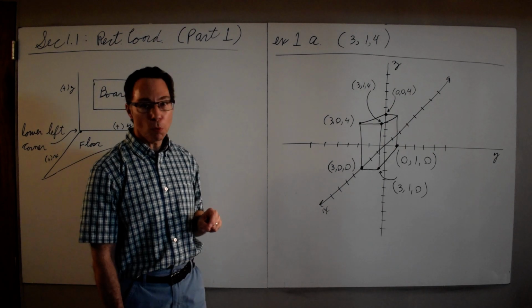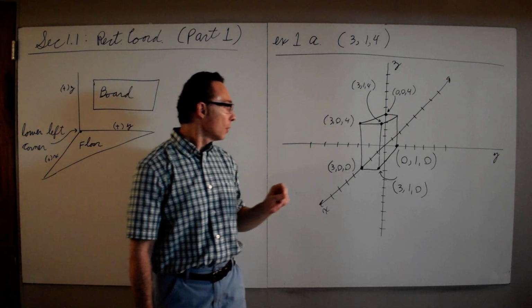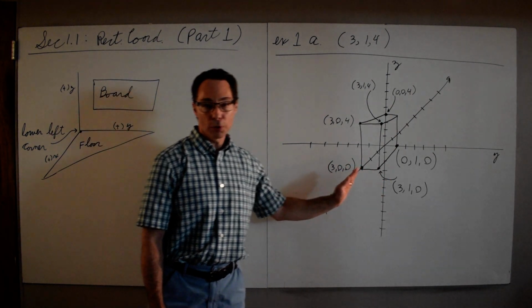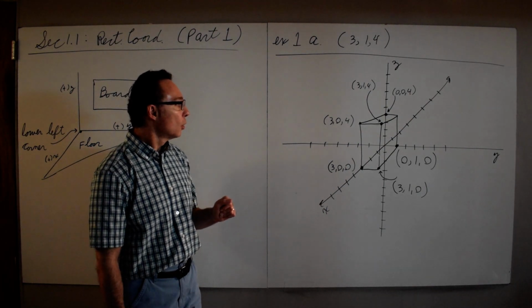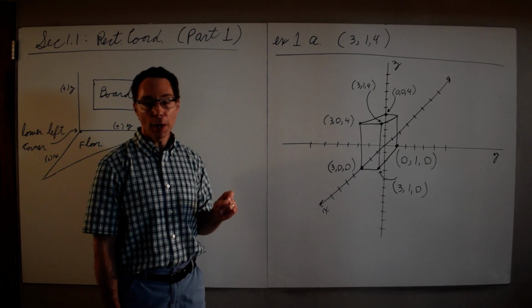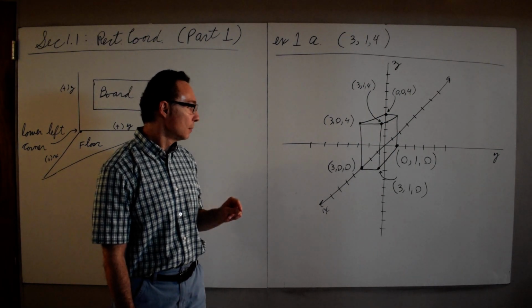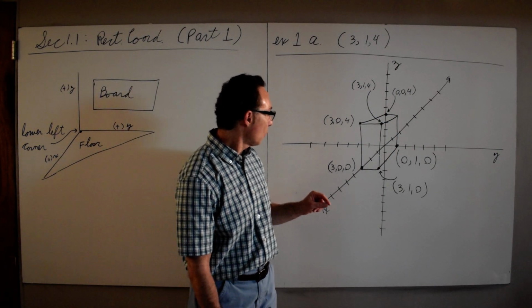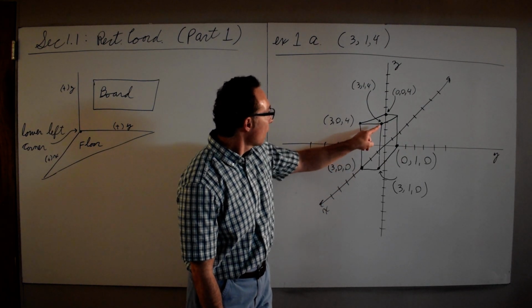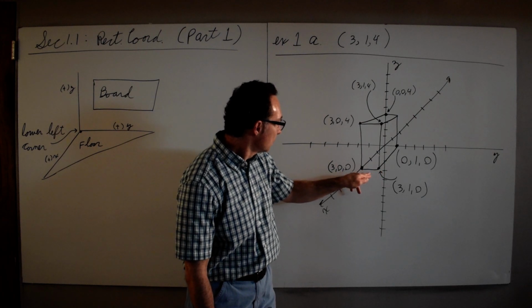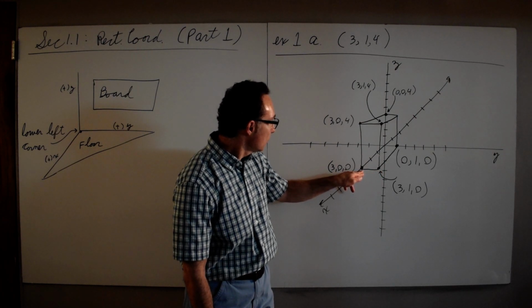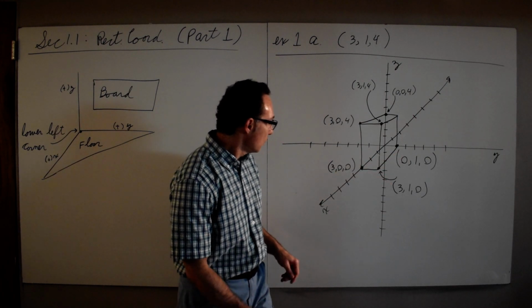To find the point (3, 1, 4), now we're going to draw a rectangular prism, or part of a rectangular prism. To do that, draw lines that are parallel to your axes. For example, here is (3, 0, 0), here is (0, 1, 0).